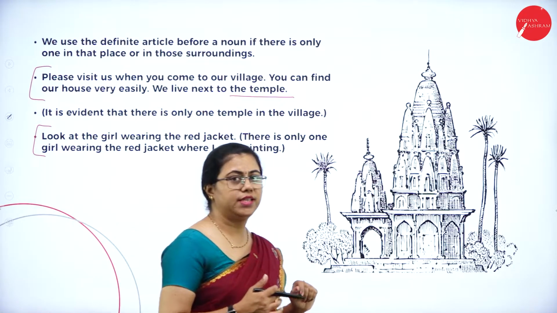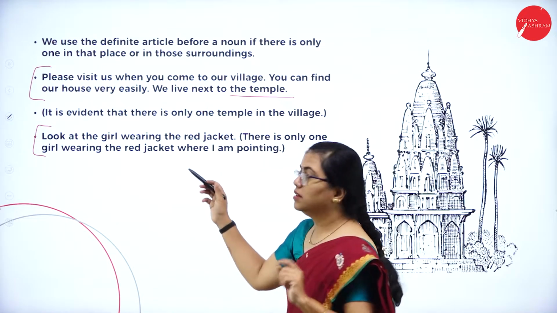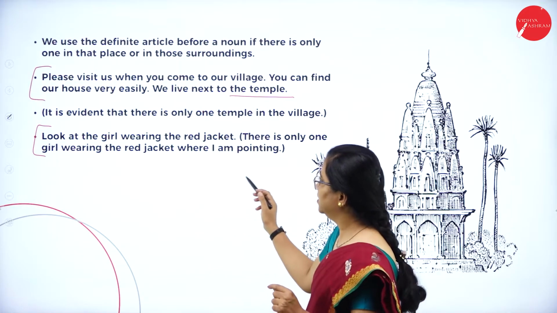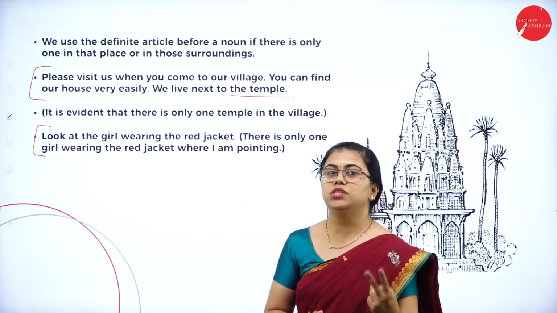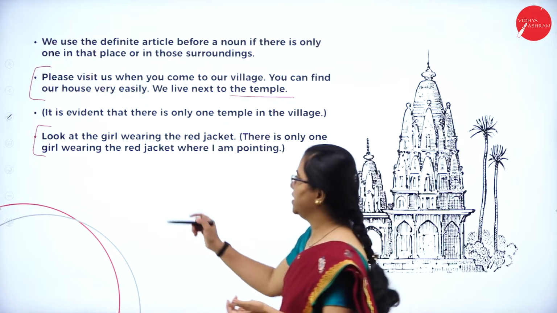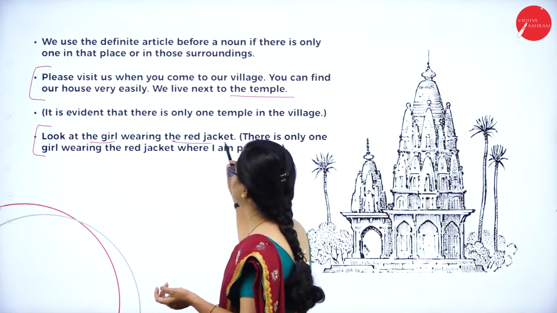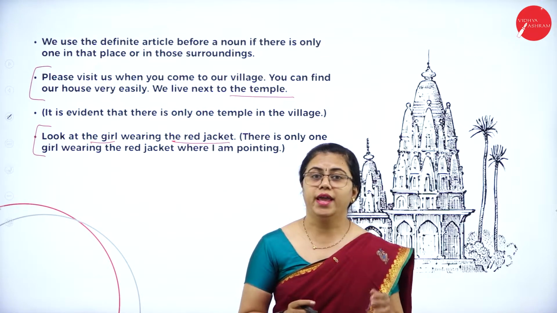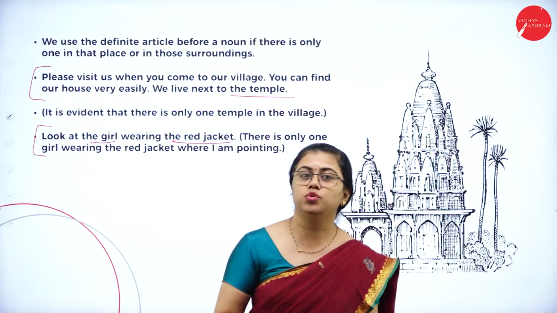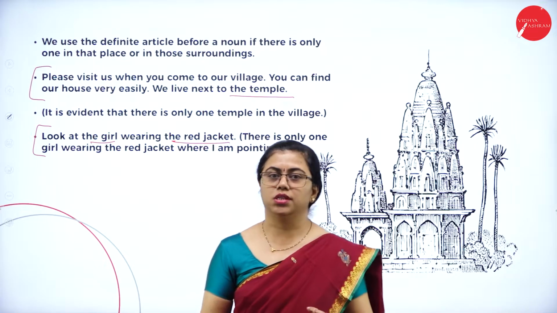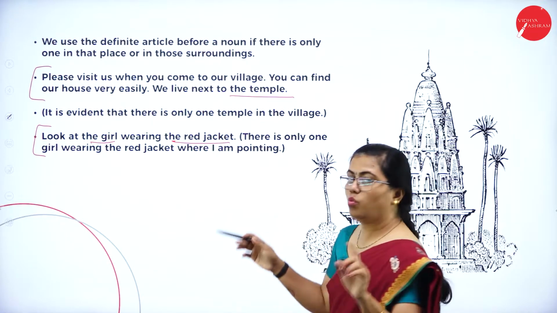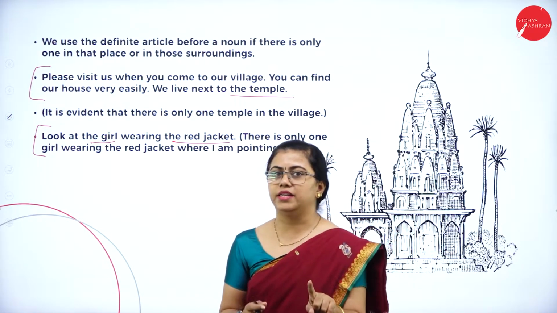Next sentence you can see as an example here. Look at the girl wearing the red jacket. Here you have used the definite article twice, in "the girl" and "the red jacket". Why have I used it with two nouns? That is because there is only one girl who is wearing a red jacket.